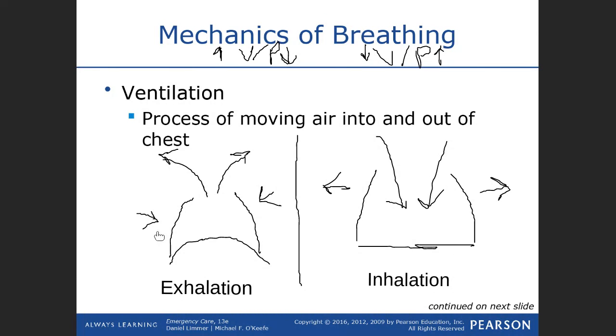So on this side where we have exhalation, when the diaphragm relaxes, it moves back into a dome shape. When the intercostal muscles relax, the rib cage comes back in and down. What is happening to the intrathoracic space? What is happening to the pressure, the intrathoracic pressure?